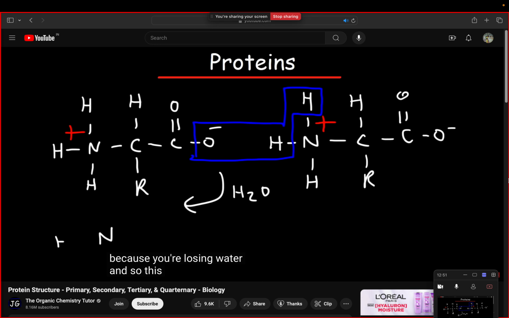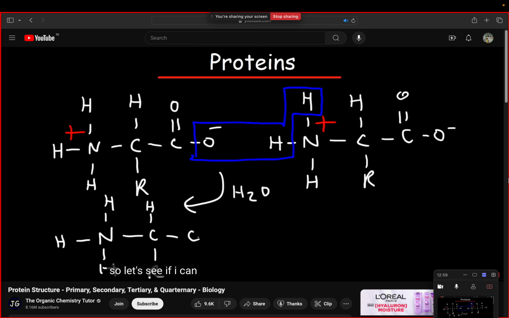And so this is going to be the new product of the reaction. So let's see if I can fit it in here. This oxygen is gone. So now we have a nitrogen. Let me take out H2O.